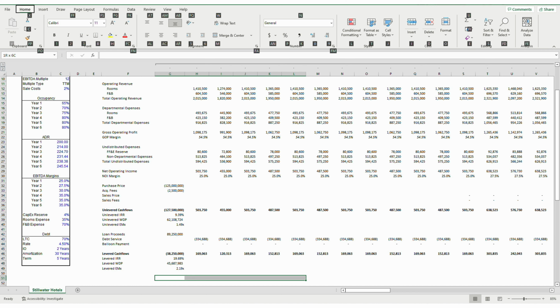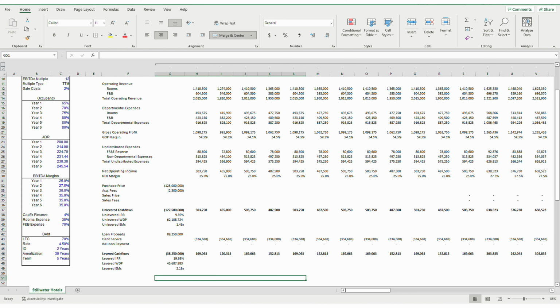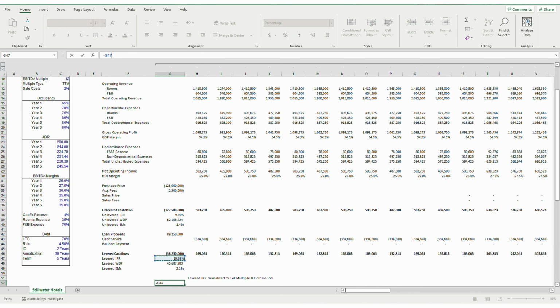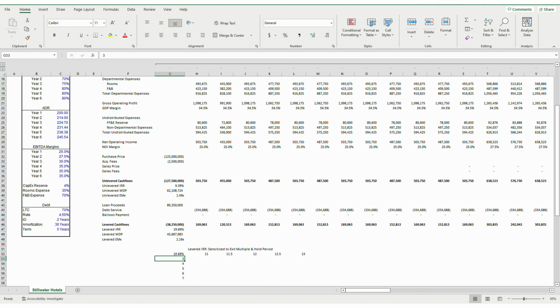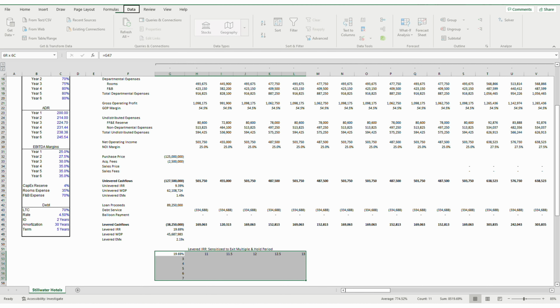The case asks for a sensitivity analysis of levered IRR as well as whole dollar profit. So I'll build out those first two tables, sensitizing hold period and exit multiple. I use a spread between 11 and 13 for exit multiple, and then a spread between 3 and 7 years for the hold period.